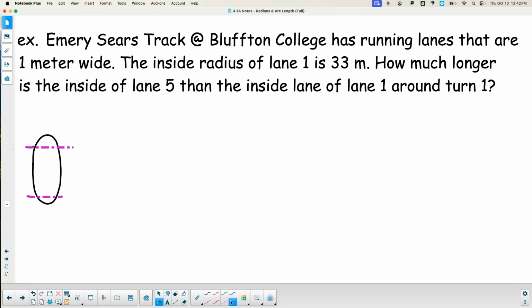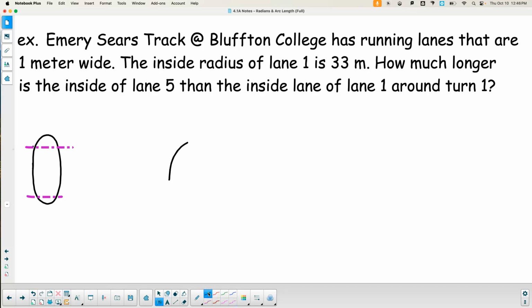What this is saying is that the radius of lane 1 in turn 1 is 33 meters. It's asking you how much longer the inside of lane 5 is than the inside of lane 1. Okay? Go for it. Try it for a little bit, then I'll do it.